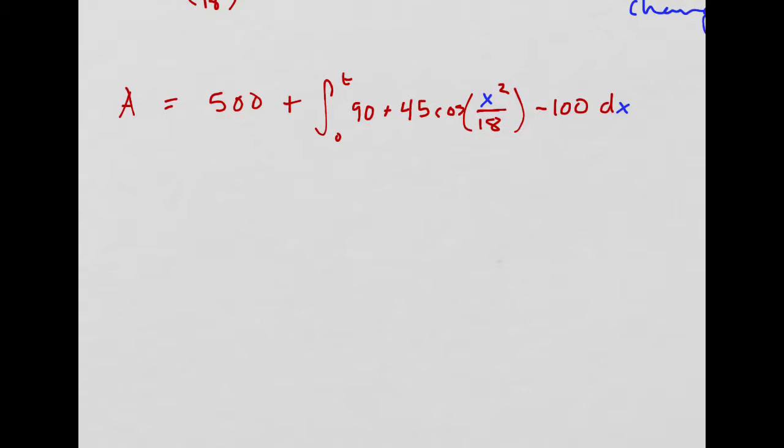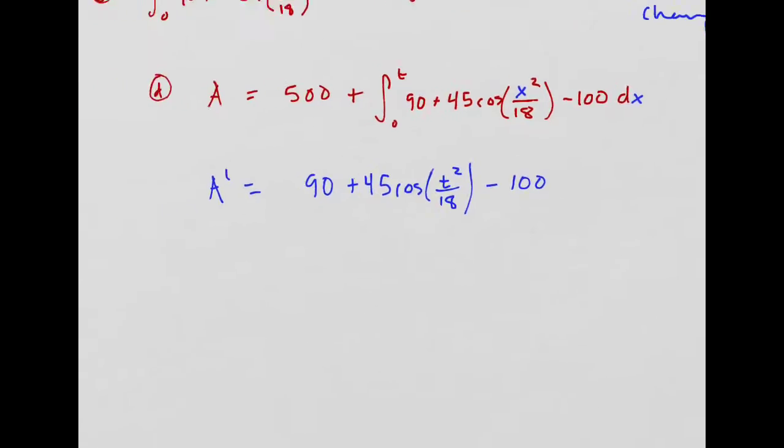I'll take the derivative, which is what I actually want. A prime, this would go away, and then I just have 90 plus 45 cosine of t squared over 18 minus 100. Remember, you just put that in there. That's why I changed the variable. So that's the derivative.